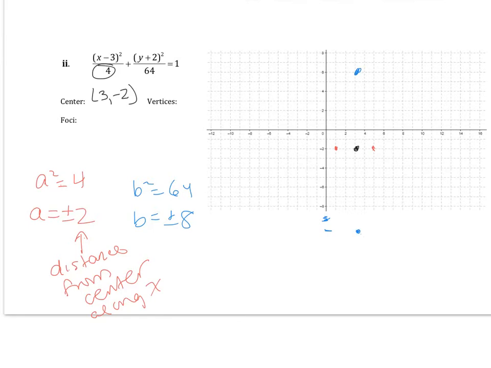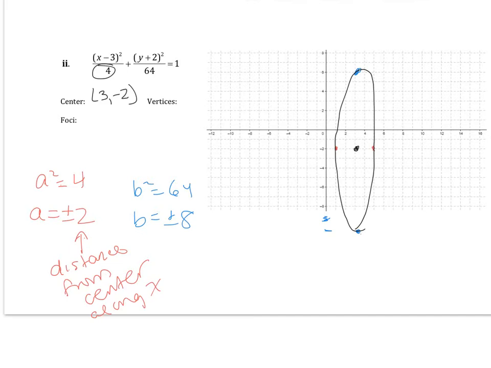Okay, and then we can draw our ellipse, and this is a much more elongated ellipse than the last one we had because the axes are so much different here. So in this case, we have our major axis is vertical, is going up and down.